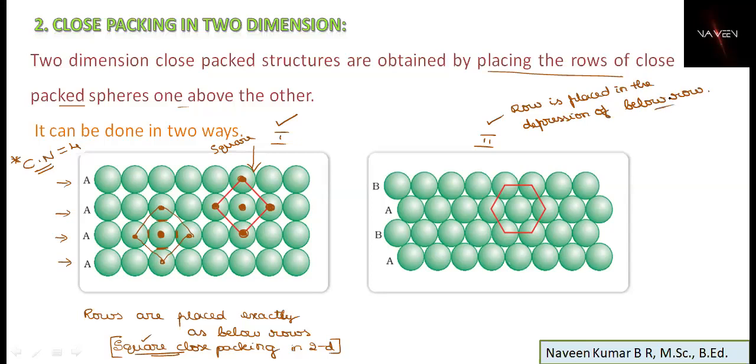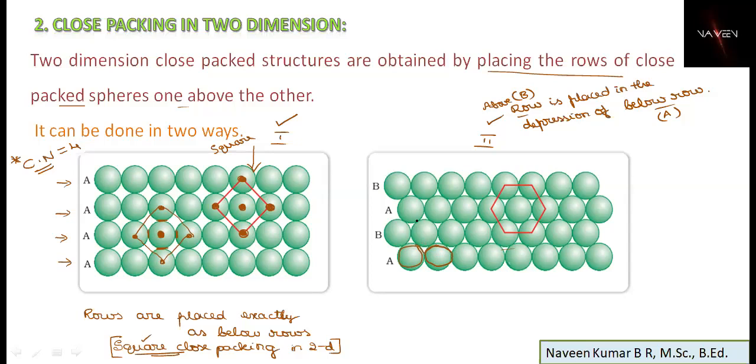Now, if you take the below row, we'll consider it as A, and the row which is being placed above, we'll assume it as B. Now, you place the row B in the depressions caused by the row A. This is a particle, this is a particle, and between the particles of the arrangement, this particular portion is the depression.